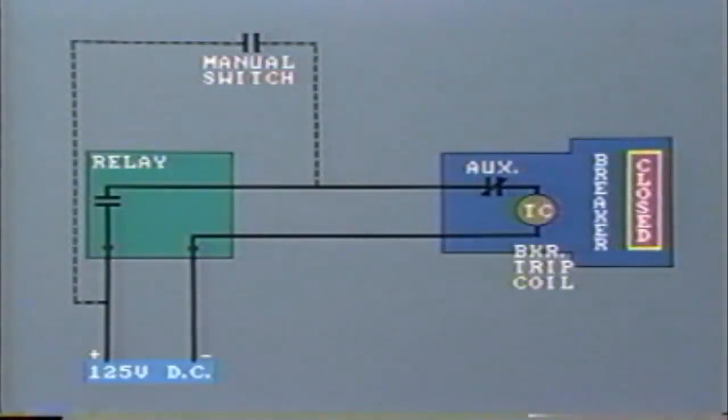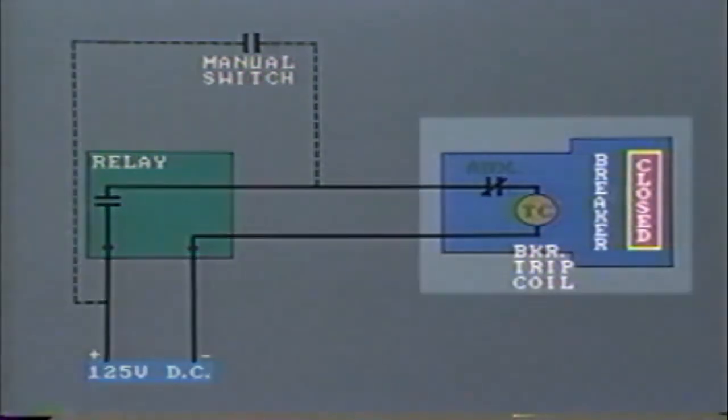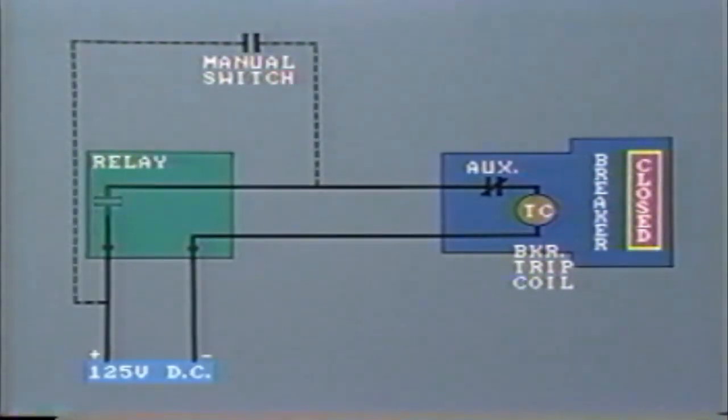Remember, the circuit breaker tripping coil and its auxiliary contacts are normally located at the circuit breaker inside the cabinet. This is probably in the switch yard, some distance away from the relay panel. However, relay operating contacts are located inside the relay. The manual switching contacts are normally located on the control panel.